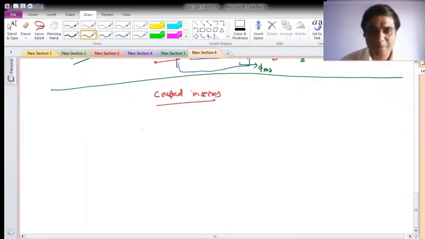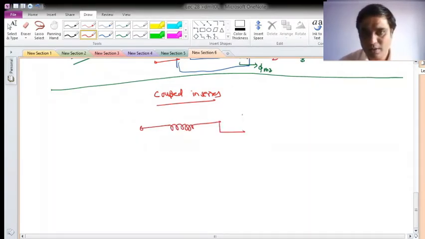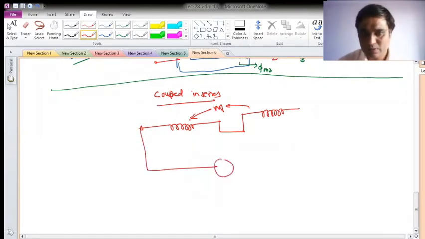So suppose I'll draw, this is one coil, and say this is second coil, and they are linked with this much mutual inductance, and then to this supply voltage is given, say time varying.